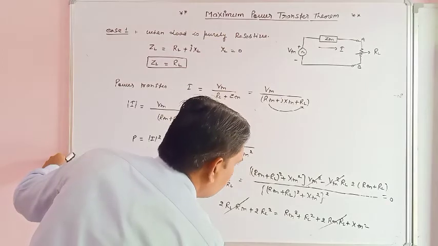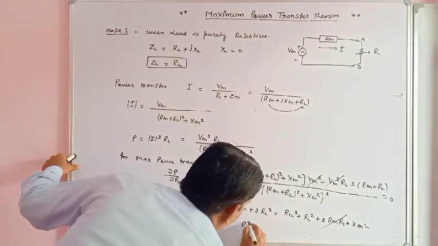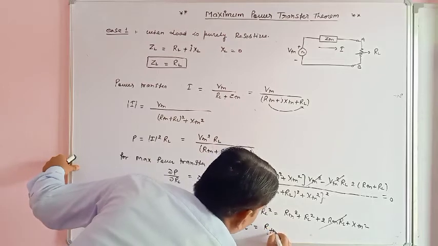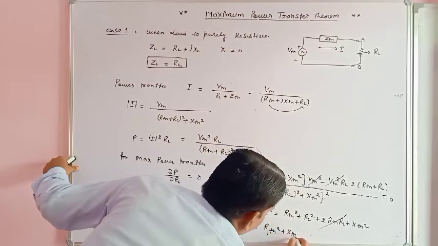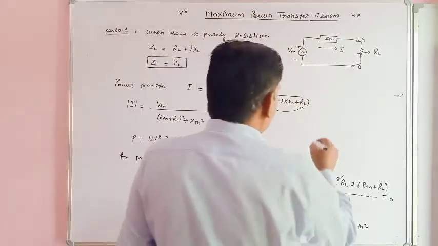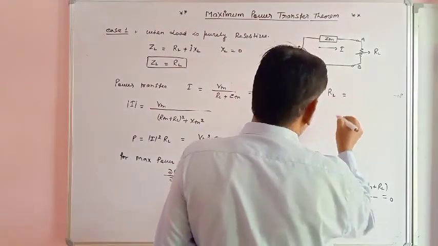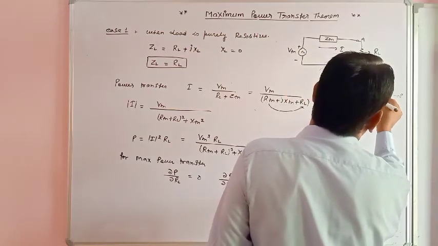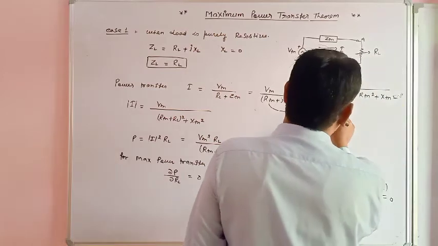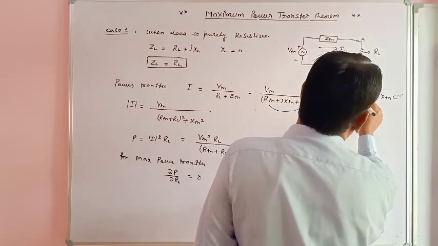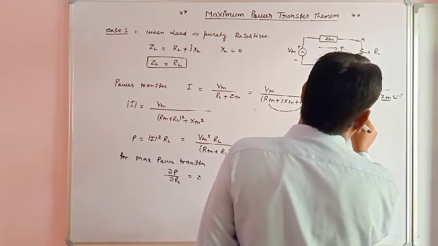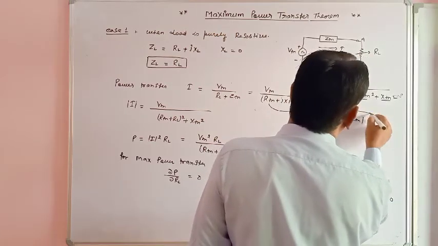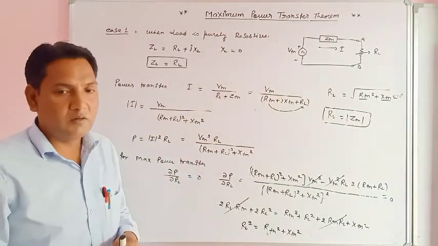Now RL square is equal to RTH square plus XTH square. So RL is nothing but the square root of RTH square plus XTH square. This is the magnitude of ZTH. So RL is equal to the magnitude of ZTH.